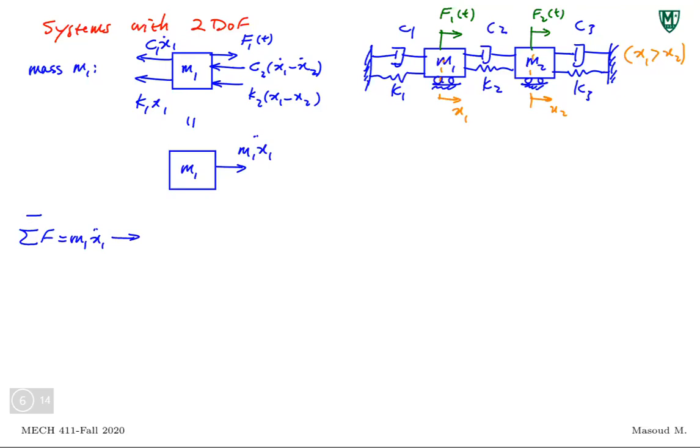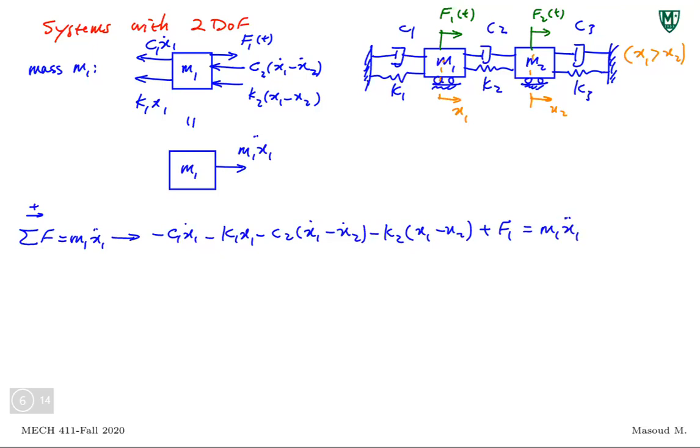I'm going to take the right as positive. So that'll give me minus C1 X1 dot minus K1 X1 minus C2 (X1 dot minus X2 dot) minus K2 (X1 minus X2) plus F1 is equal to M1 X1 double dot.